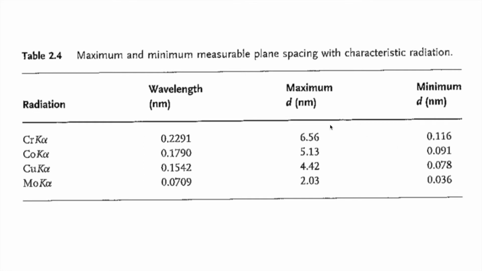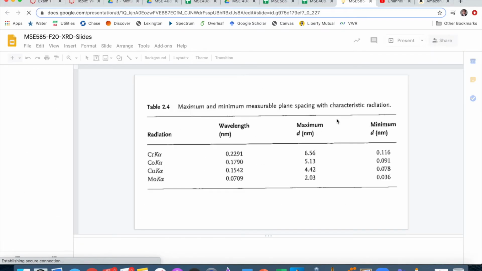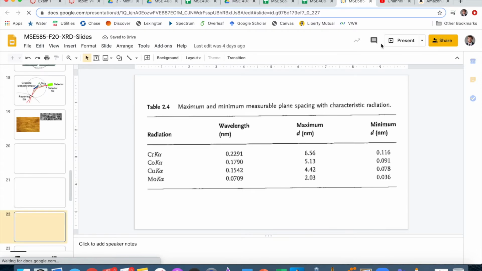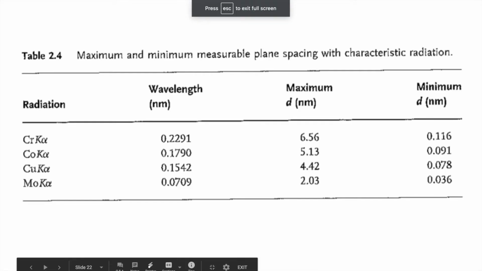However, if you need the maximum possible d-spacing, so if you're looking at certain materials, a lot of almost man-made materials as well have a very large d-spacing, and so you would want to look at something like chromium. Sorry about that.